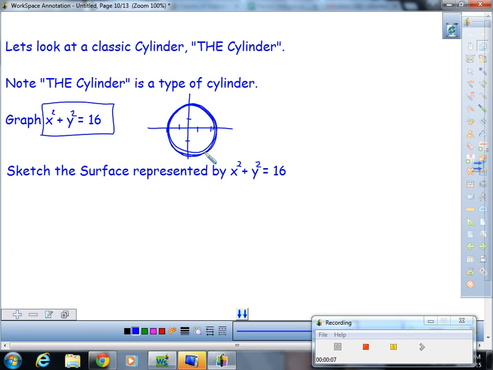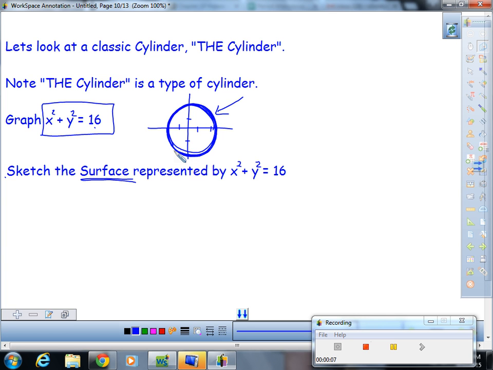Now we're asked to sketch the surface represented by x squared plus y squared equals 16. Well, this thing is not a surface. Remember that when you graph a circle, you're graphing the set of points that are 4 units away. So you're only describing this set of points. That's not a surface, that's a curve.